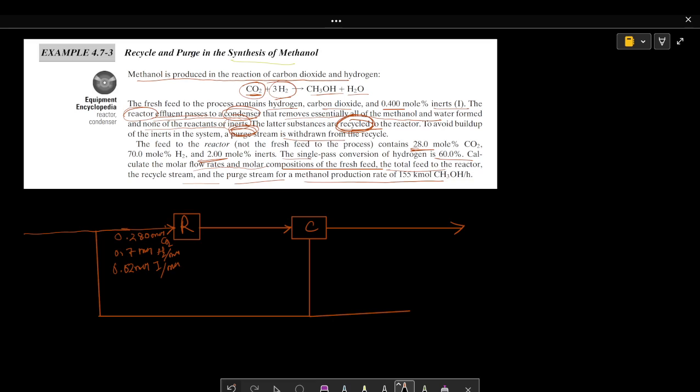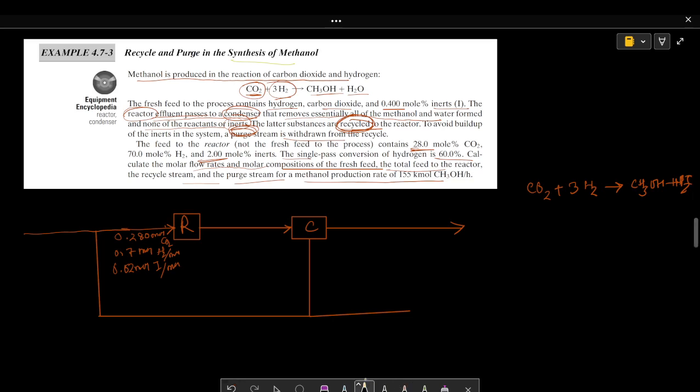And the reaction is already mentioned in the question. The reaction is carbon dioxide plus 3 hydrogen produces methanol plus water. The product water is steam.